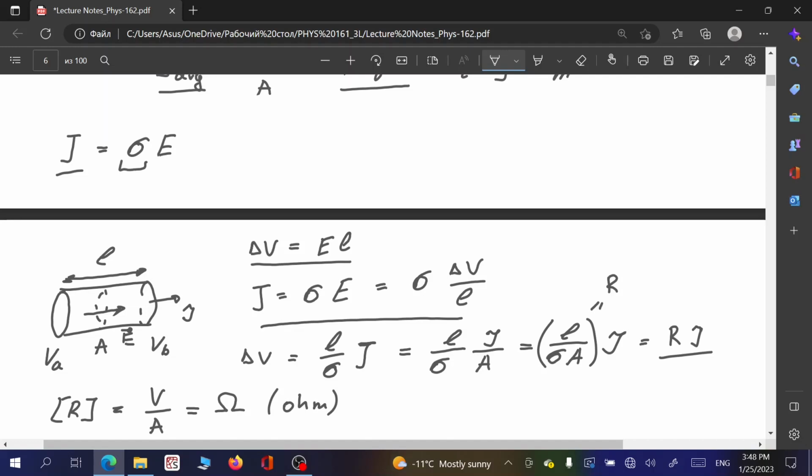Obviously, the longer our conductor, the longer the distance charge carriers should pass. They will experience more resistance from going through this material, and that will contribute to higher resistance of this segment. And it's inversely proportional to area. So the larger the cross-section area of the conductor, obviously it will be easier to pass through it.